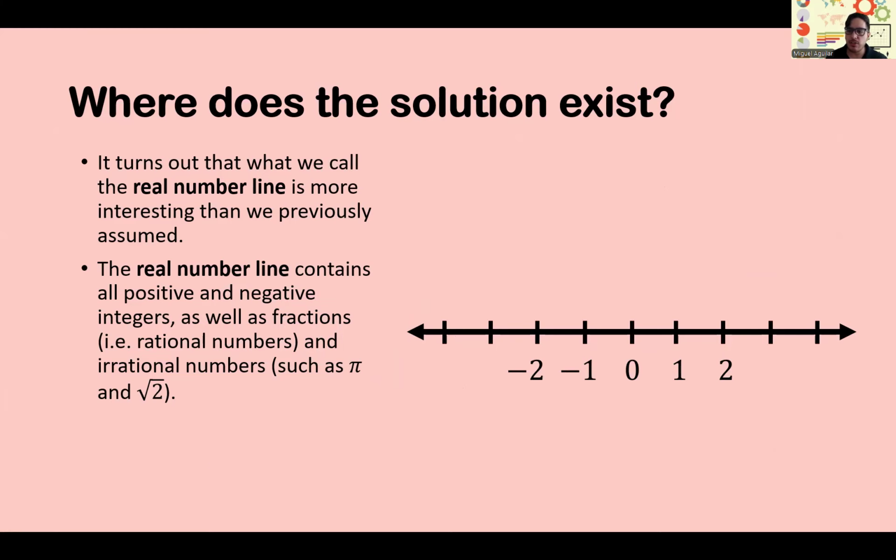Remember, the number line just starts with 0 in the middle. When we count to the right, we go to our positive numbers like 1, 2, 3, 4, and so on. To the left, we count our negative numbers, negative 1, negative 2, negative 3, and so on. And so what we know to be all of the real numbers contain all the positives, all the negatives. Those are what we call integers if they're whole numbers. All of the fractions, like 1/2 or 1 over 3, 7 over 4, those are all in between our integers.